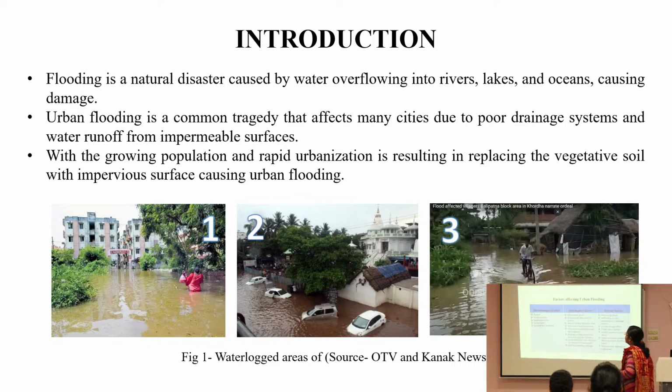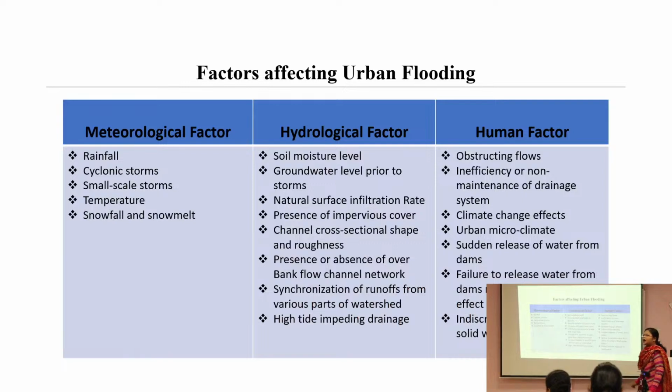Normally, what are the factors behind urban flooding? Meteorological factors, hydrological factors and human made factors. Meteorological factors are rainfall, cyclonic storms, small scale storms, temperature, snowfall, snow melt. These are the natural things.